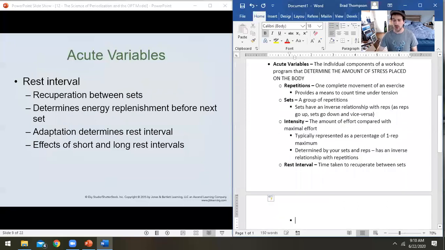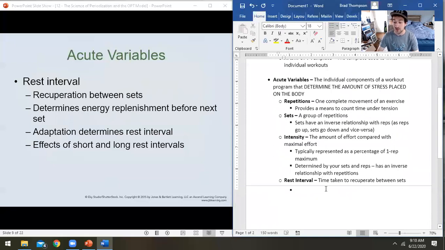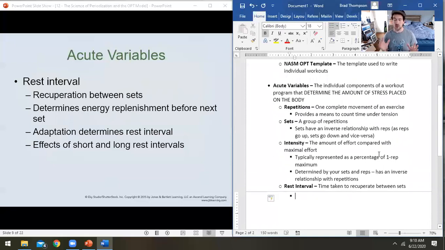Rest periods are one of the most important acute variables that we've got, because this is going to determine how much energy you have for your next set. And if you don't take enough rest, you can't do your next set properly, which means you're going to lift too few repetitions, which means that now you're blending energy systems.